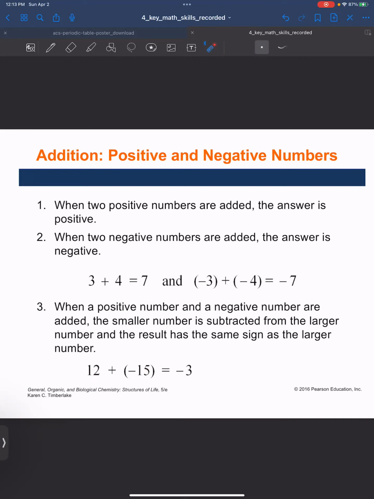So 15 minus 12 is 3, but this has a negative in front of it because it's the same sign as the negative number. If we did the other example, -12 plus 15, you still subtract the smaller number from the larger number. So 15 minus 12 is 3, but the sign is going to be that of the larger number, which is a positive in front of the 15. So this ends up being +3.